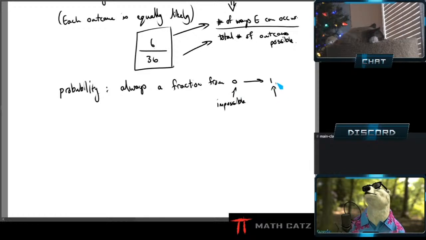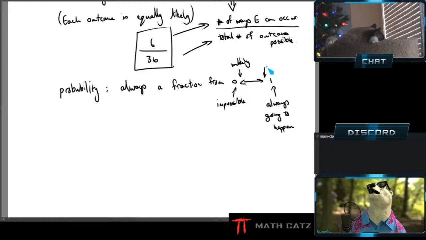And the 1, well, if I have such a relaxed, loose restriction, I can actually get anything and I'll satisfy that restriction. Then it'll be the total over itself, giving me 1, saying that it's always going to happen. So I have this range and going in between. If I'm sitting fairly close to 0, then it's going to be quite unlikely.